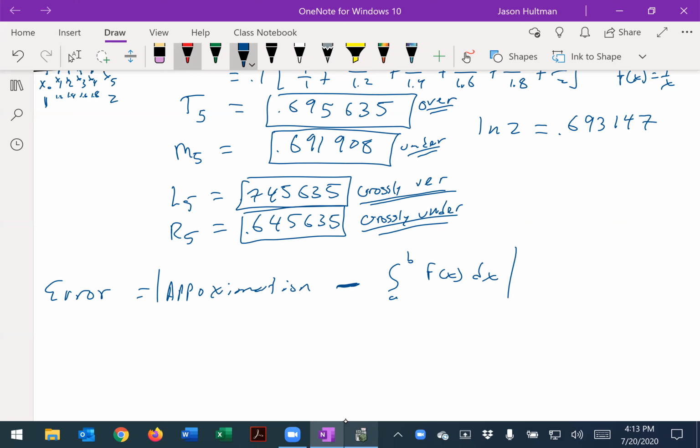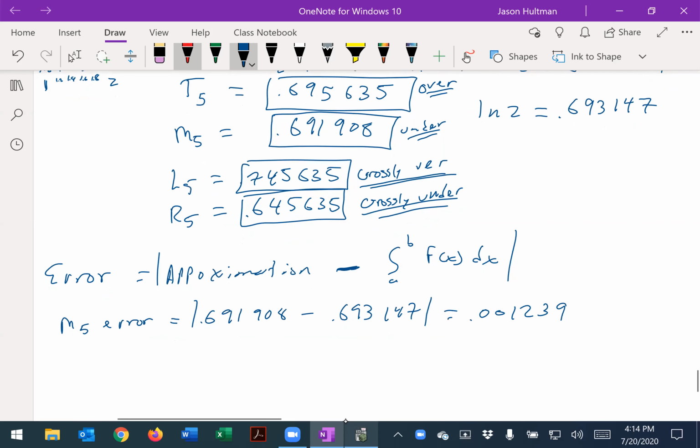So let's look at the midpoint error, the M5 error. Well, that's just going to be 0.691908 minus 0.693147, absolute value, and that's going to be 0.001239. So the error on the midpoint was 0.001239. So what about the trapezoidal rule error?